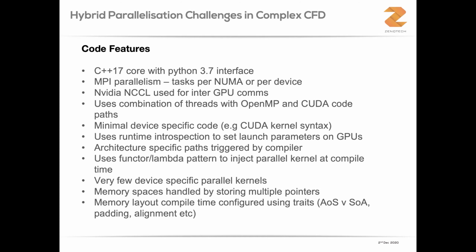We also make use of a library called NCCL from NVIDIA, and when we're running on GPUs, we use that library to do inter-GPU communications. There are two reasons for it. One is that it is highly tuned to make use of NVLink between the GPUs when you're on a node.